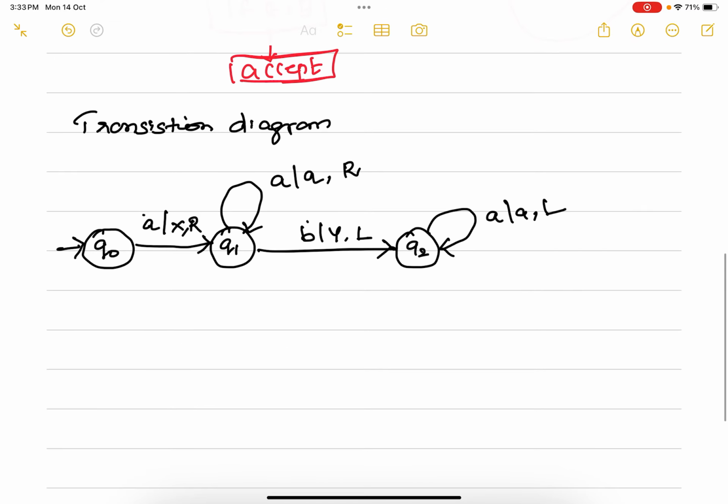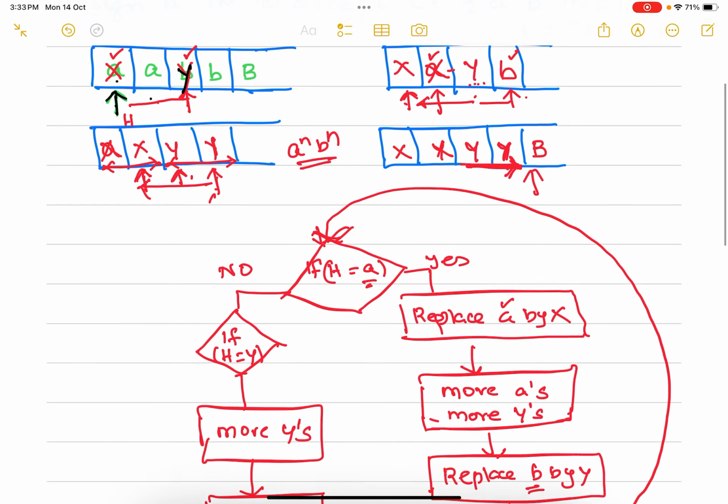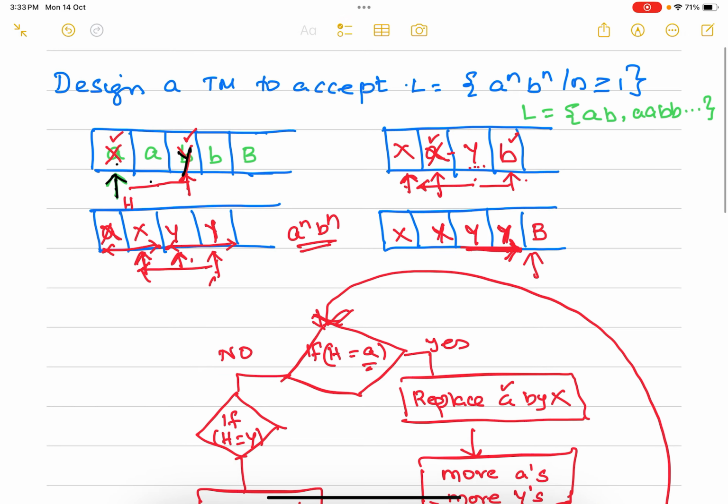Now X will come. If X comes, it means that is the visited A, so you replace that with X and move towards the right to fetch the next A. While fetching the next A, you replace that with X, and move towards the right hand side.